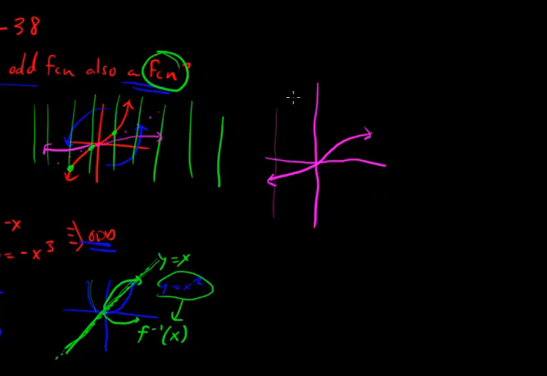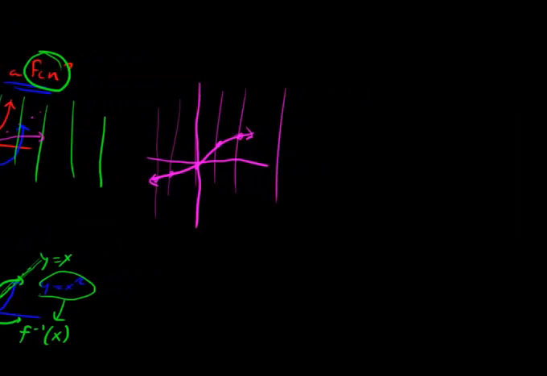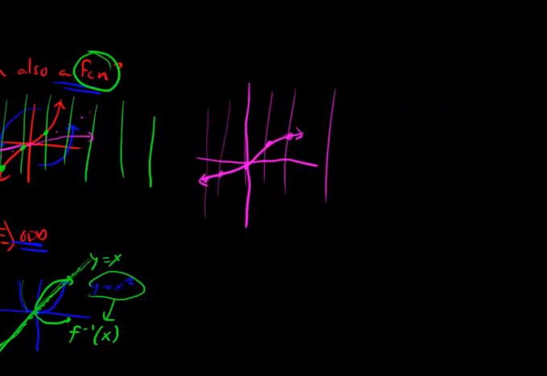The vertical lines go all the way across and only intersect the graph at one point; we're never going to hit it more than once. Yes, it's a function, but can you think of any counterexample? I'm going to tell you now that it is not always a function.